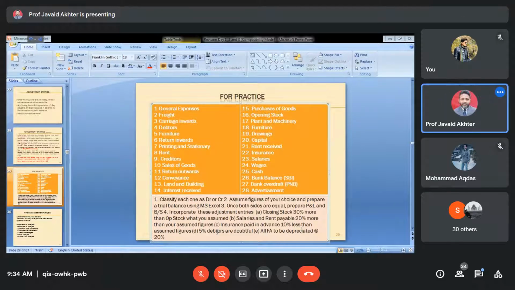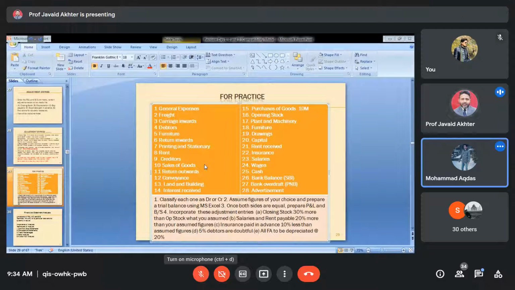So simple. Second thing that I wish once again to suggest: when you are assuming some data, suppose you have assumed this figure as 10 million. Logically, what figure should you assume here? 11 million, anything which is more than 10 million.